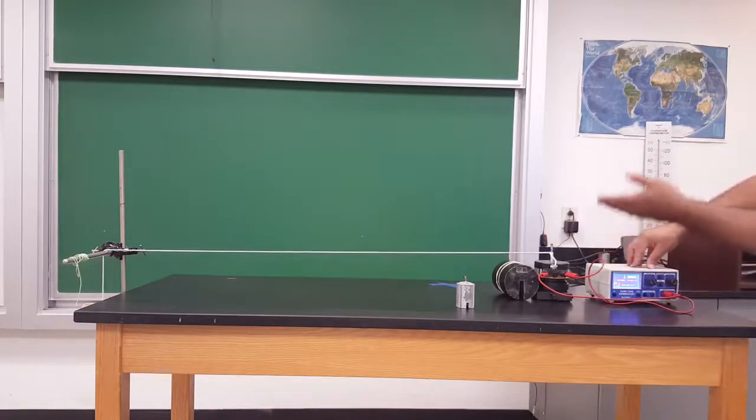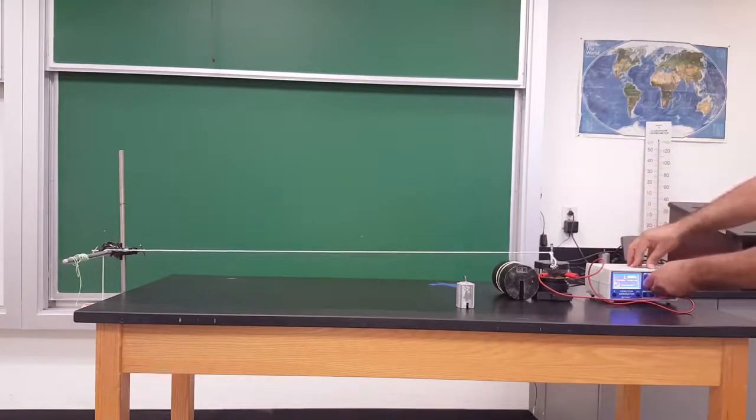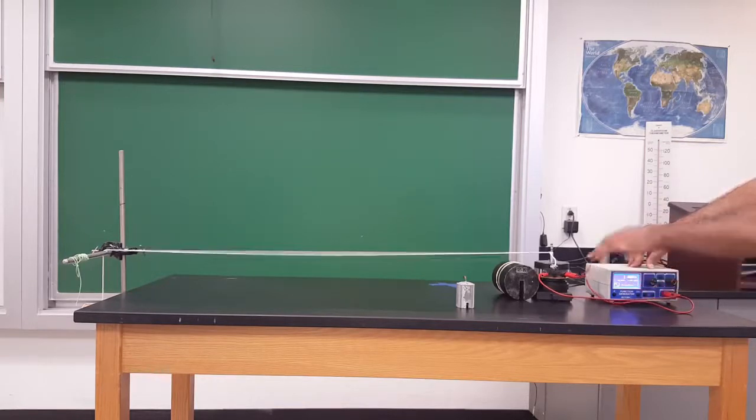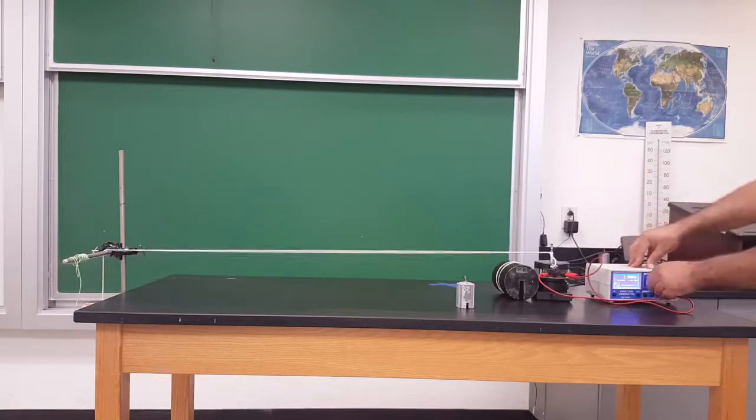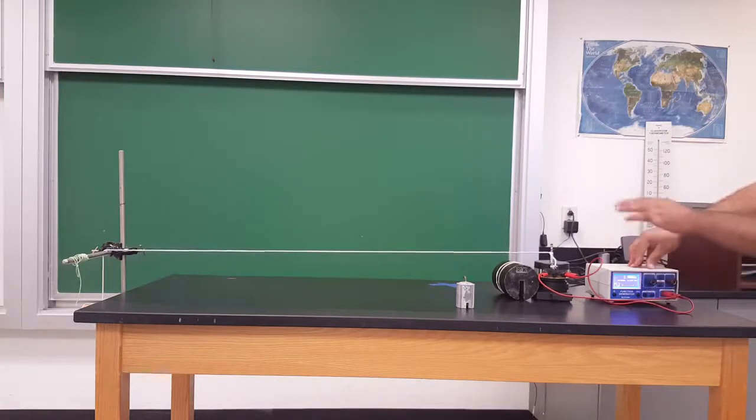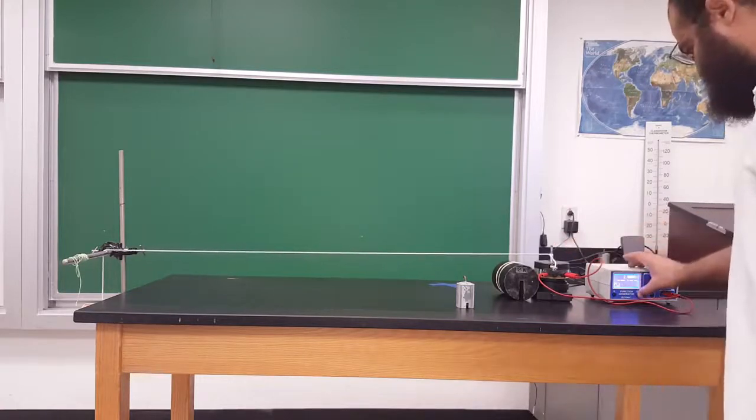I can make it go up and down faster, and pretty much as fast as I would like. So now it's shaking once a second, twice a second, 3 times a second, 4 times a second, 5 times a second, and so on and so forth. That's called the frequency. Let me put it on standby mode.